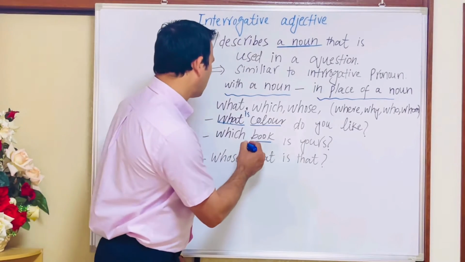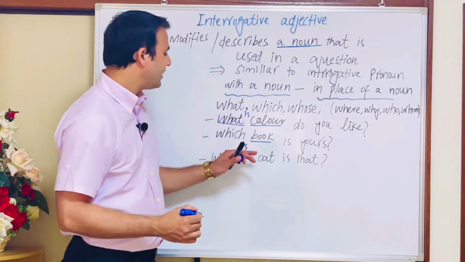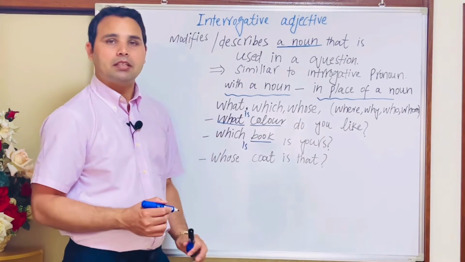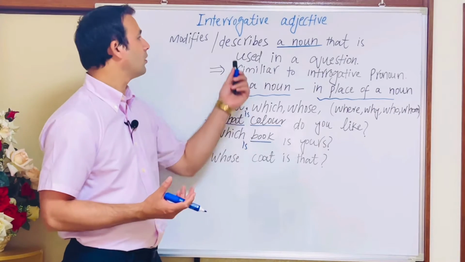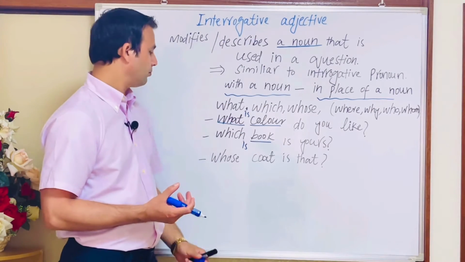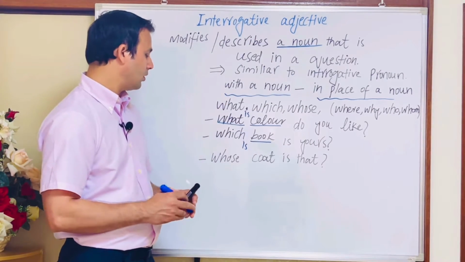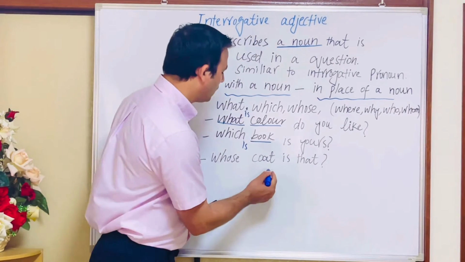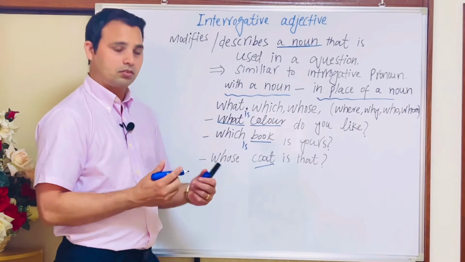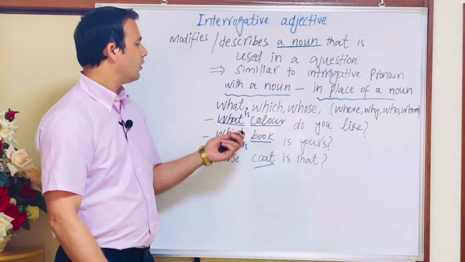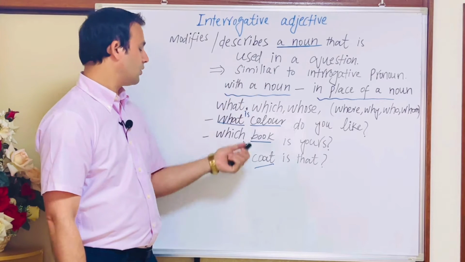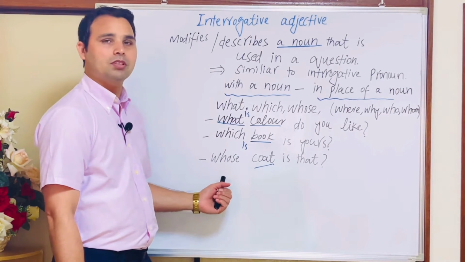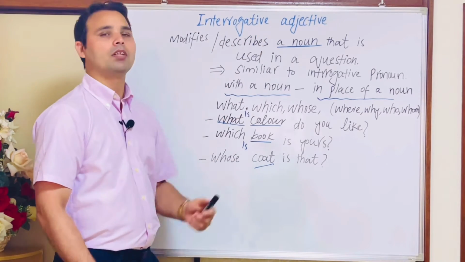If you use the question like, which is your book, so the noun will be used at the end of the sentence, so it will become our interrogative pronoun. The last example, whose coat is that? Now, coat is a noun, and interrogative adjectives are used with a noun. So this word whose is also our interrogative adjective.